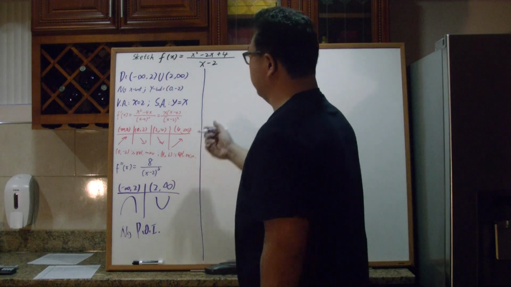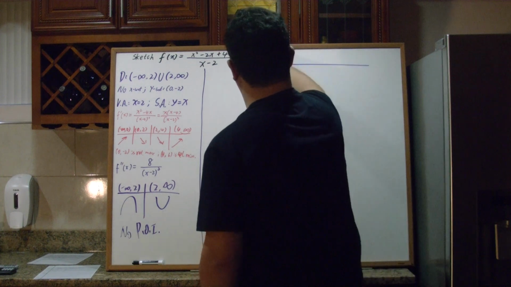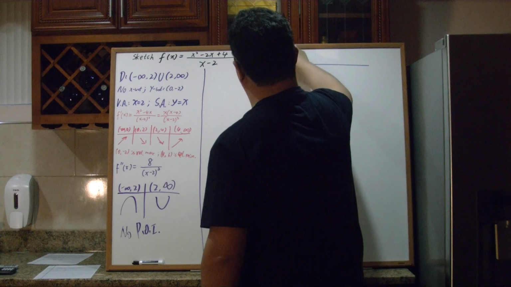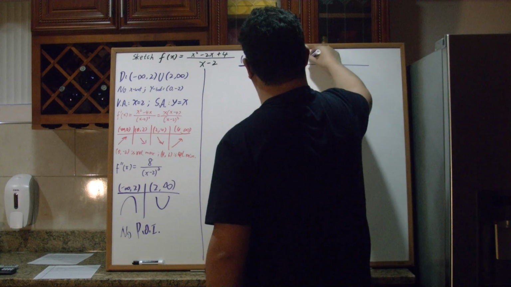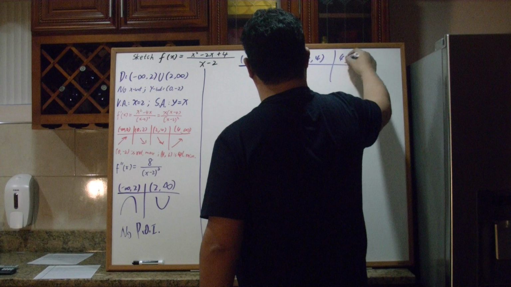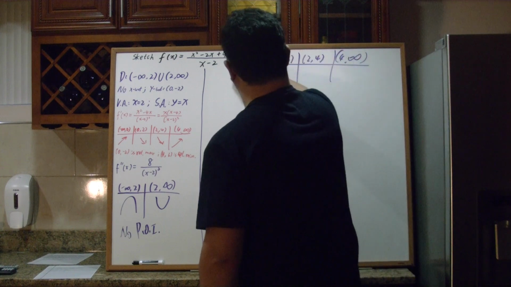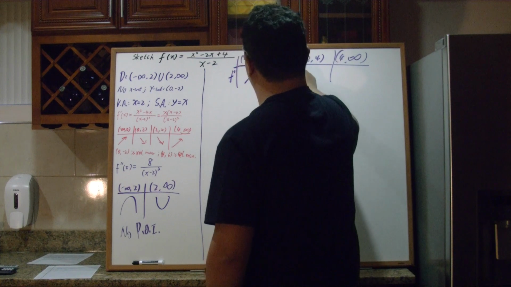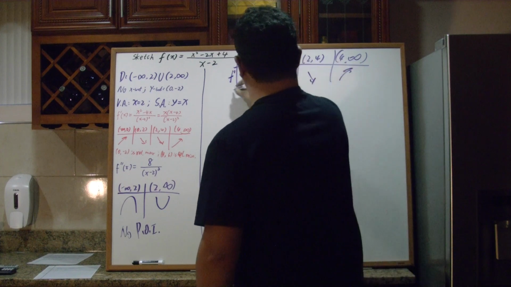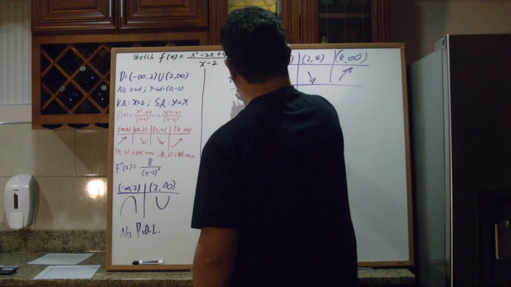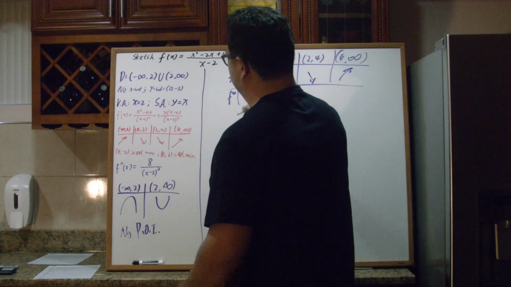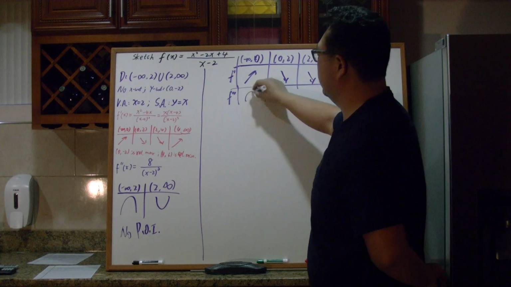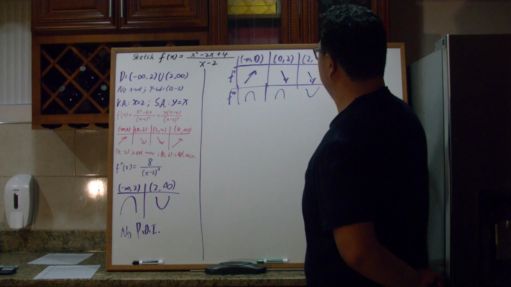We wrap up the two pictures together over negative infinity to 0, 0 to 2, 2 to 4, 4 to infinity. For increasing decreasing, we have increase, decrease, decrease, increase. For the second derivative, all the way before 2 is concave down, afterwards is concave up.